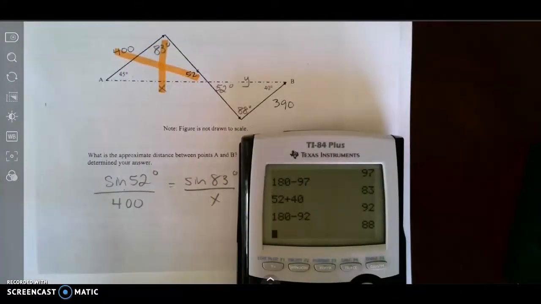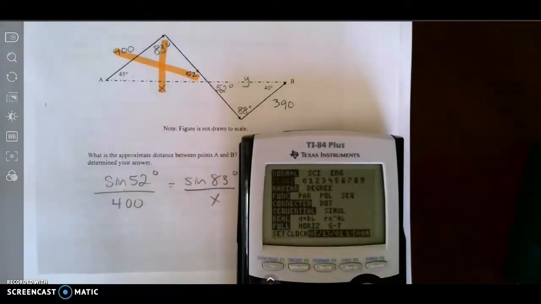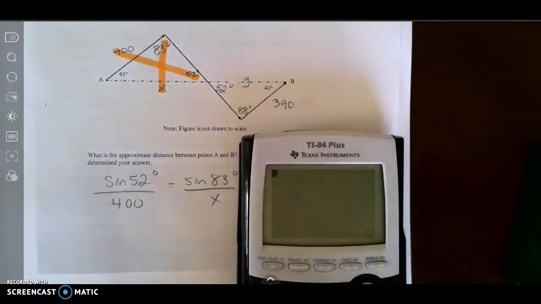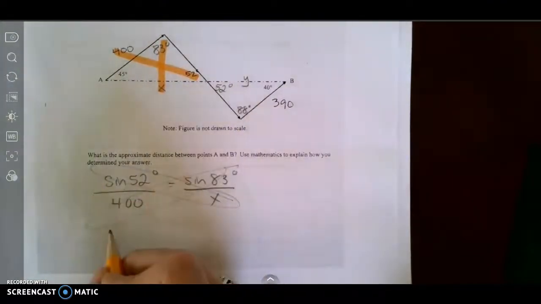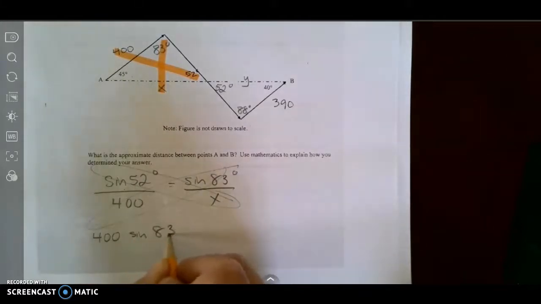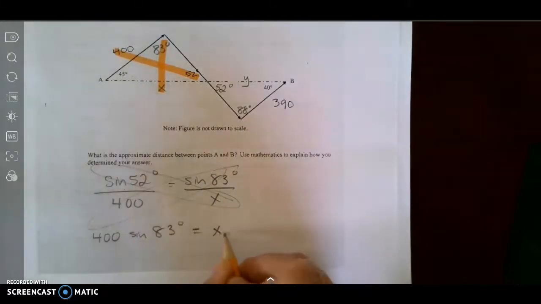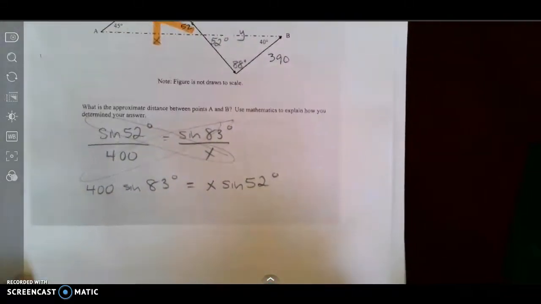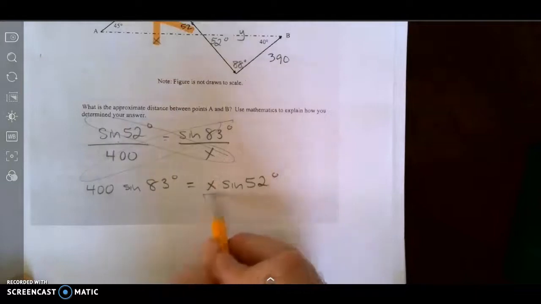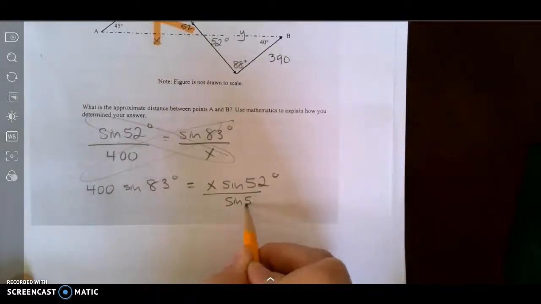Got to make sure my calculator's in degrees. All right. I'm going to cross multiply: 400 times the sine of 83 degrees equals x times the sine of 52 degrees. Solving for x, so divide by the sine of 52.